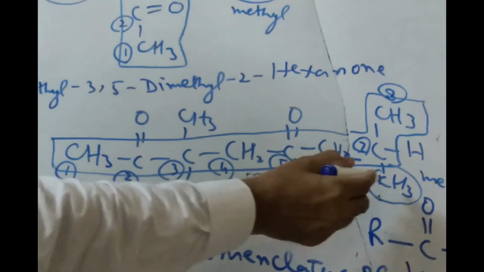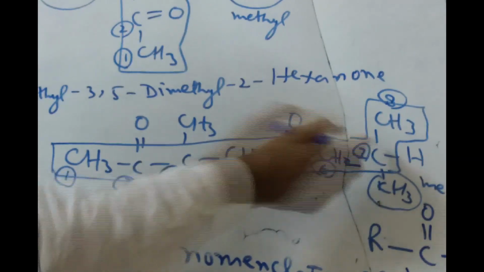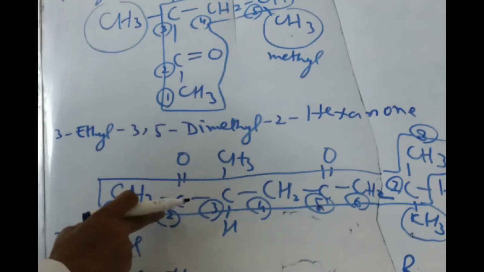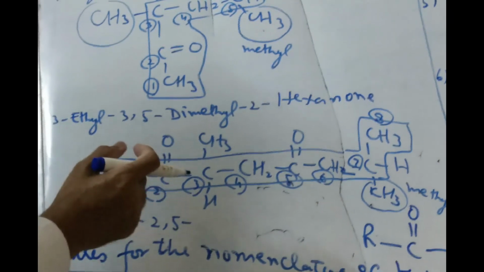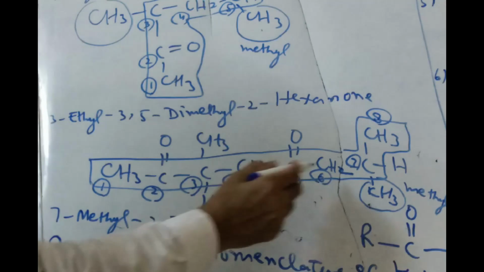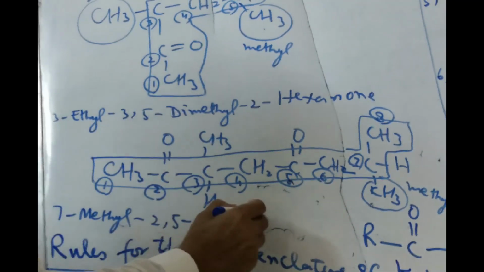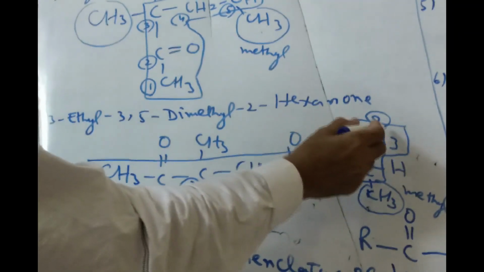So according to the rule, methyl should be written first, it is at the 7th position. So this is the 7 methyl. Now you should write the position of the functional group, that is 2, comma, 5. Since they are 2, according to the rule we must write di, 2 5. First of all, that is octane, then the position 2, 5. Octane, that is 8.